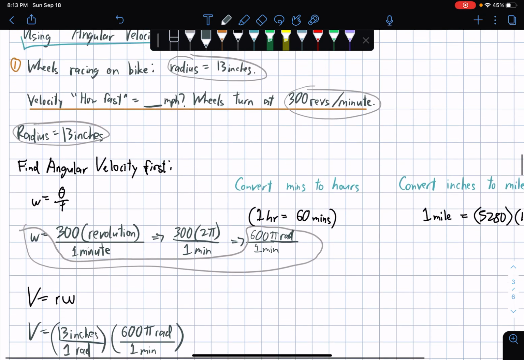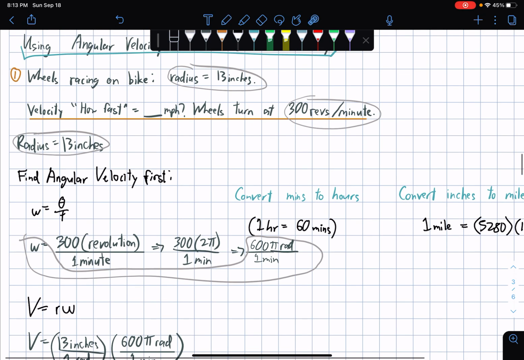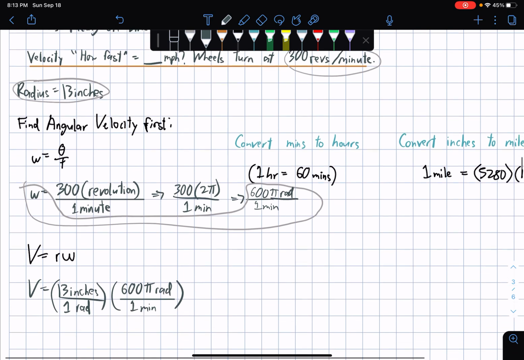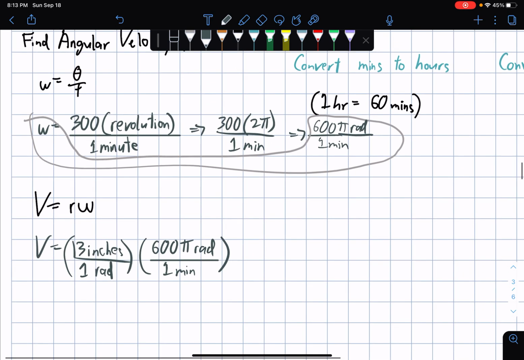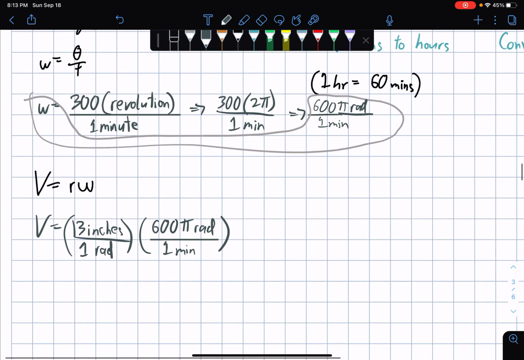The question doesn't exactly require you to convert your initial units. So I think this one is good enough.